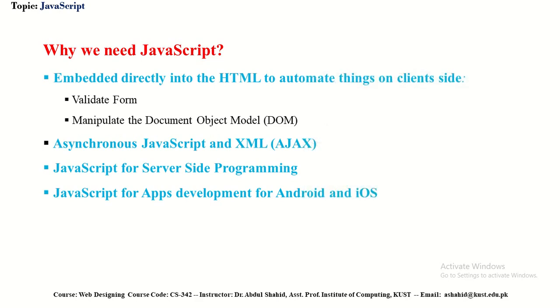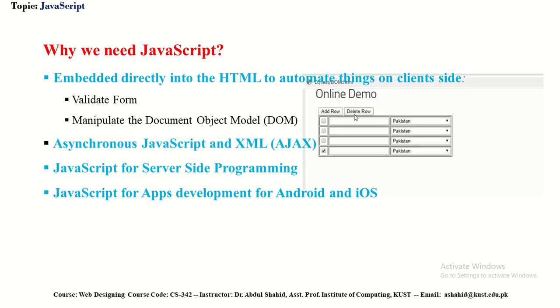Similarly, another thing that can be automated on client side is the document object model. You can manipulate DOM on the client side. You don't need to worry about the DOM at this point, but just to make sure that you understand the brief concept of the DOM, I'm showing here another example.